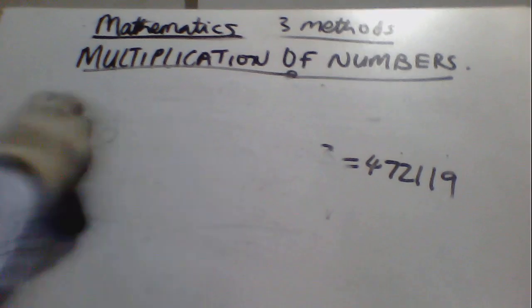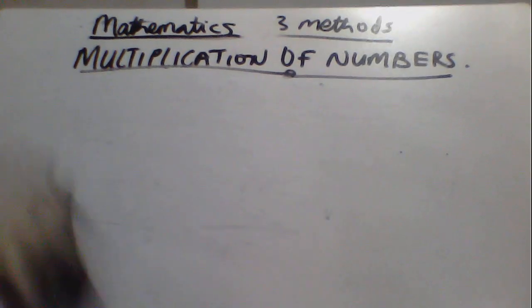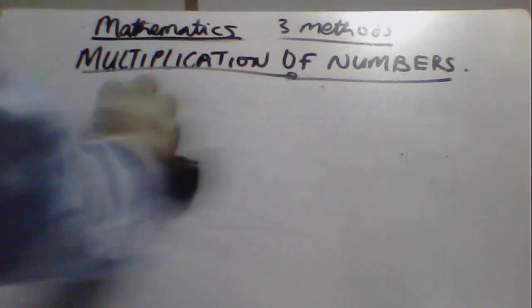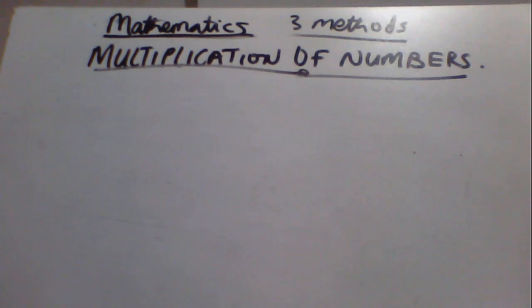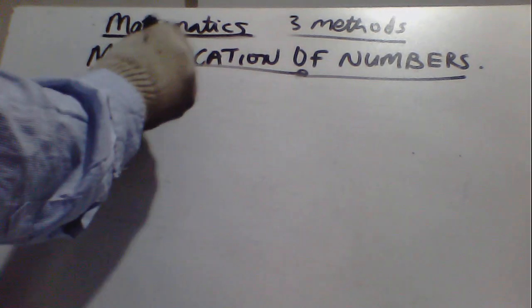The third method here is, I call it the one-to-many mapping multiplication method. I was the one that called it.